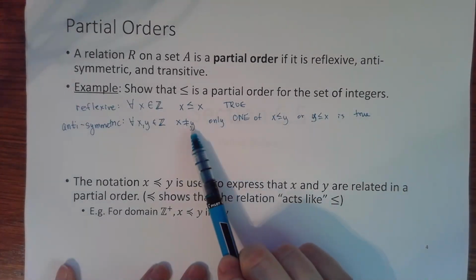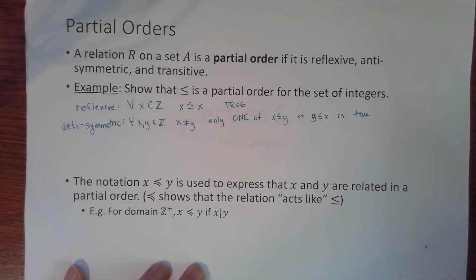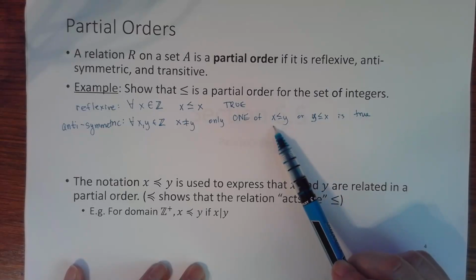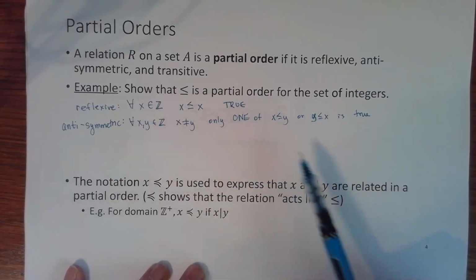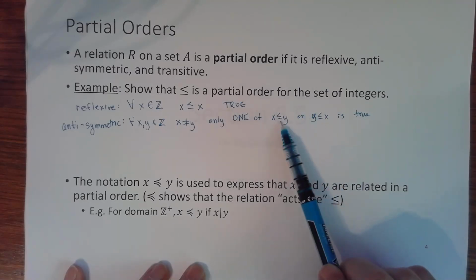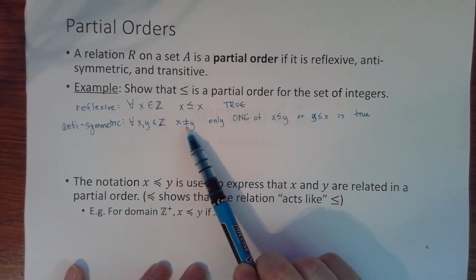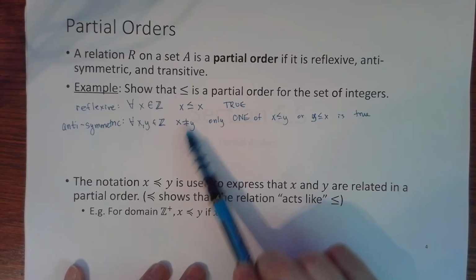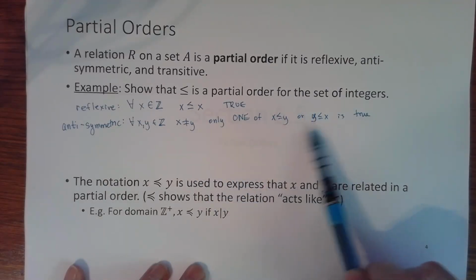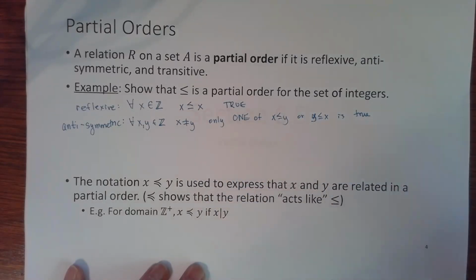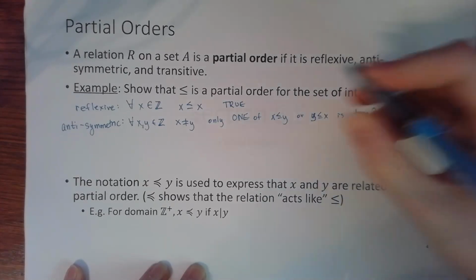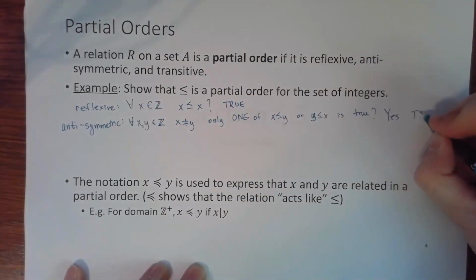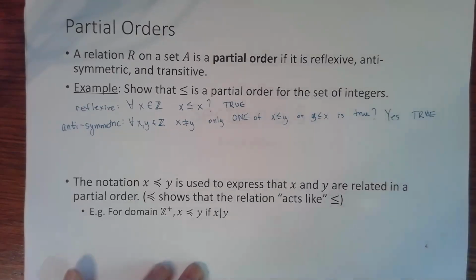If x isn't equal to y and I have 2 distinct integers, well, there's some relationship to them. Either x is less than or equal to y, or y is less than or equal to x. Well, we know they're not equal, right? And so the only way that both of these could be true is if x and y were equal, but we're only considering the case where they're not equal. So only one of these could possibly be true. So, yes, this one is antisymmetric.